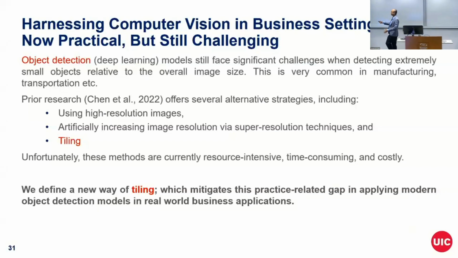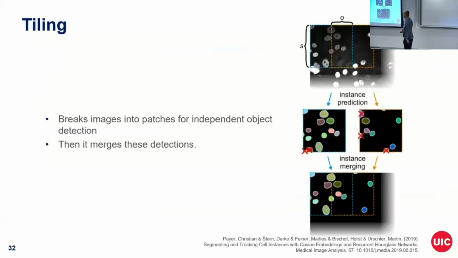If you have a big image and you want to detect small things, why don't you just take parts of the image and pass them to the tool? You take a small part of the image, pass it to the tool, pass another part of the image, pass it to the tool, because in the small parts of the image, the object which is small with respect to the big image is reasonably sized with respect to the smaller part. That's the idea of tiling.